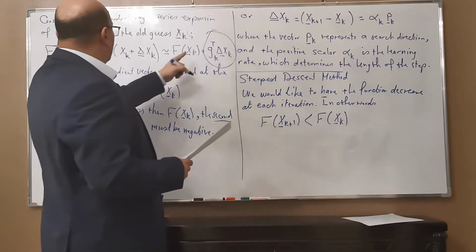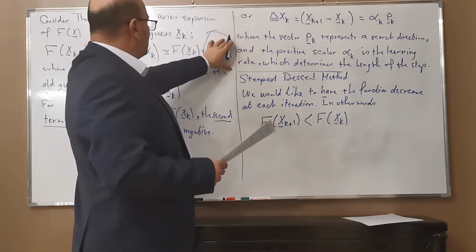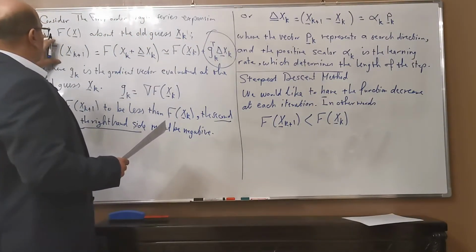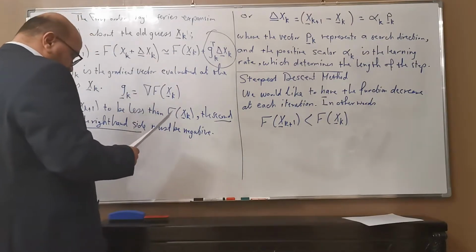So this one must be negative, so that this one to be less than this one. So this one should be negative, subtracted from this one. So f of x k plus 1 should be less than f of x of k.